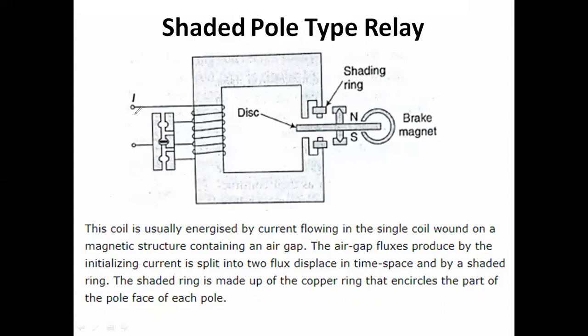In the shaded pole type relay, first of all, CT, this is your line, this is the current through the line, the rated current through the line. The normal rated current passes through the relay operating coil.